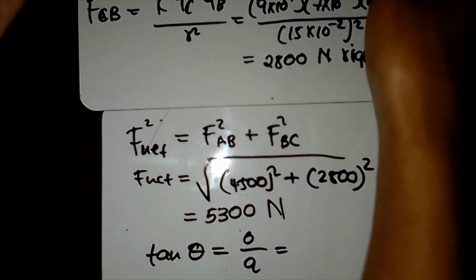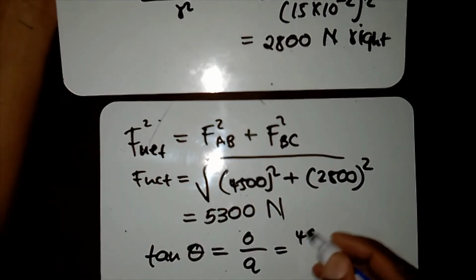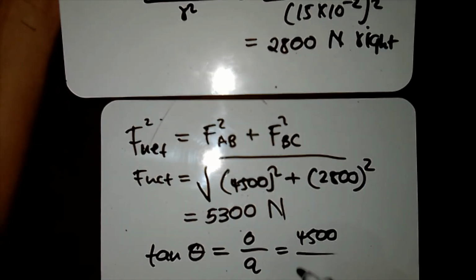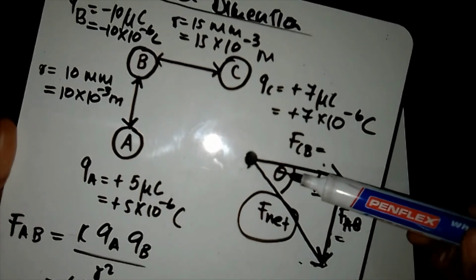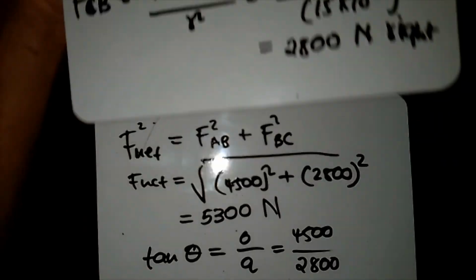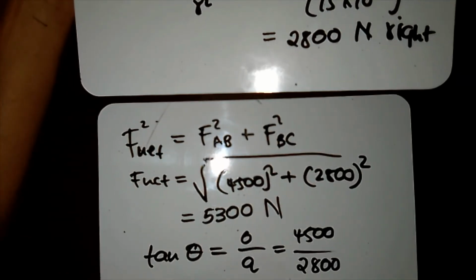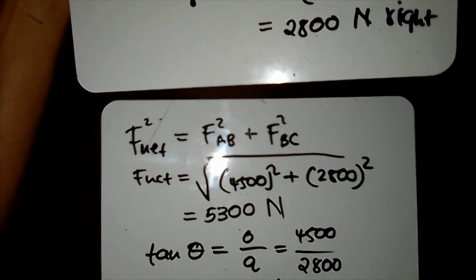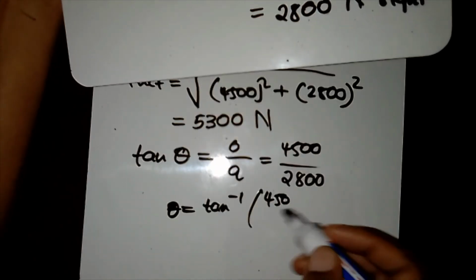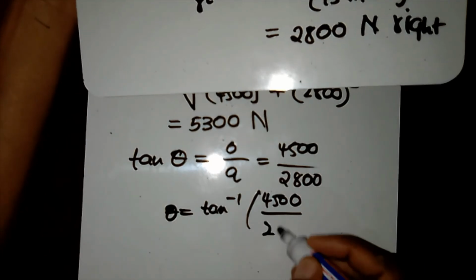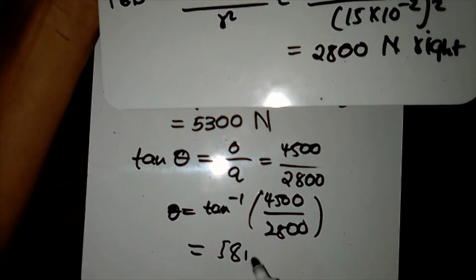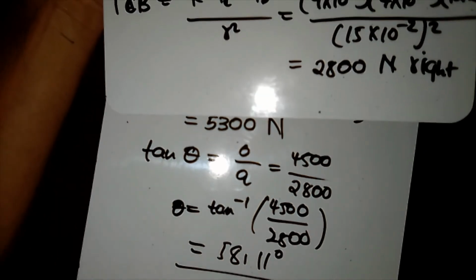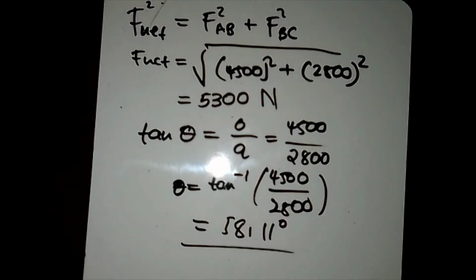Our opposite side here is FAB, 4,500, all of it divided by 2,800, which is our adjacent side, FCB, that we already calculated. To find theta, it's the arctan of 4,500 divided by 2,800, and you're going to come across a value of 58.11 degrees.